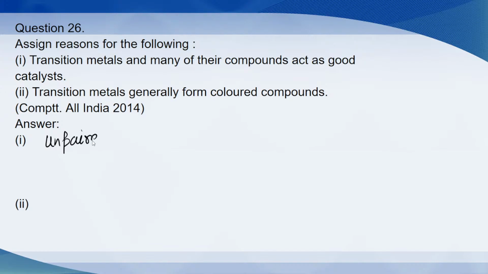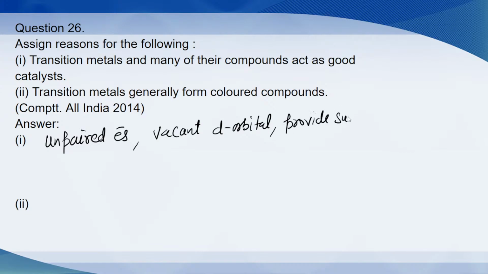Transition metals have unpaired electrons. They have vacant d orbitals. They can provide surface area. They have the ability to form complexes.